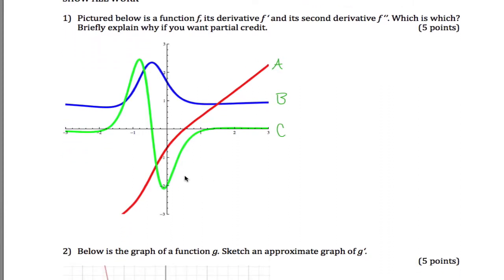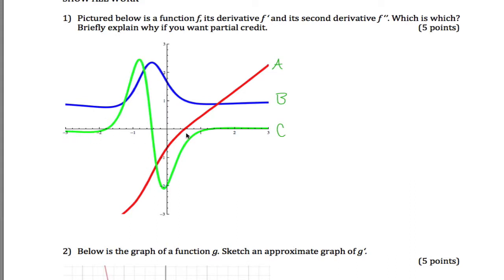Okay, well, a couple ways you can get at these. Something I like to do is look for spots where a curve is flat. So if we take this green one here, note it's flat right up here. If the derivative of this green curve is pictured, the height of that curve better be 0 at this point right here. Similarly, it would have to be 0 at this point, right? The points where the green curve is flat.